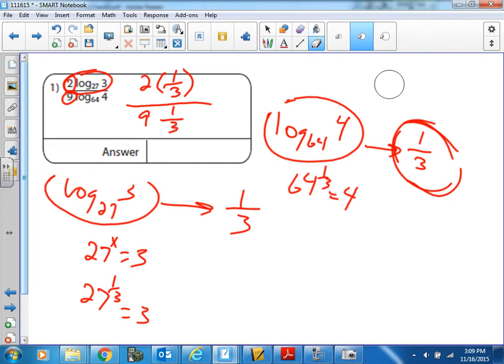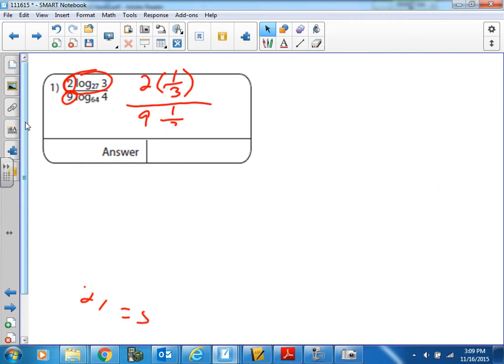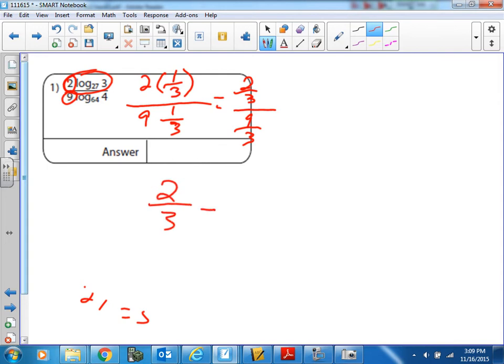And I'm going to erase this other stuff now, and put back that 3. So we have 2/3 divided by 9/3. I'm going to rewrite that. Remember, that's just division. So I'm going to rewrite that as 2/3 divided by 9 over 3. Now remember, you have to flip and multiply. So this is 2/3 times 3 over 9.